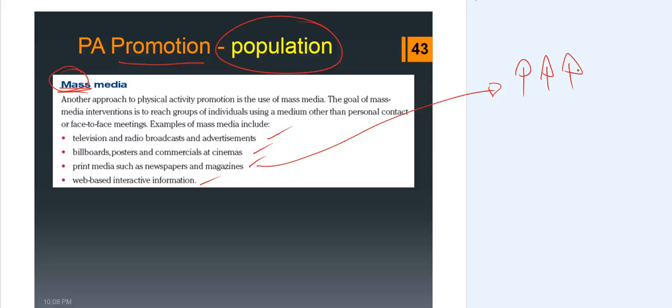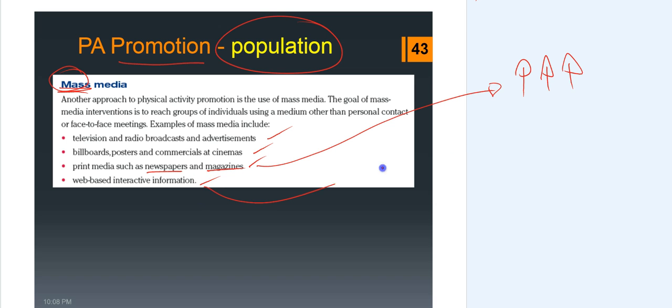They are what we had looked at earlier, being simply print or web-based media. But print media such as the newspapers and magazines have a much bigger target audience, hence they also fit under population mass media.